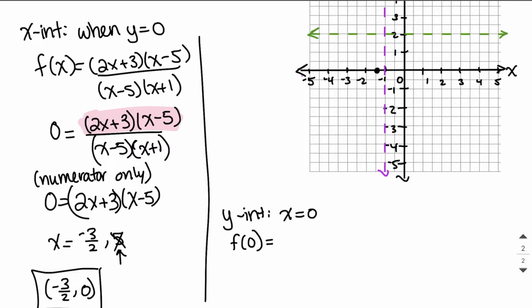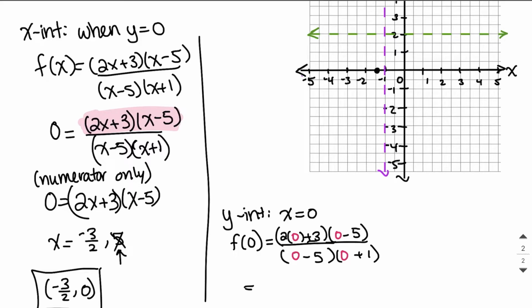So here I have the option to plug it into the original function that we have right here. So every time I see an x, I'm going to replace it with 0. So if you notice here, all I'm doing is just replacing the x value with 0. So when I do that, I end up getting 2 times 0 is 0.